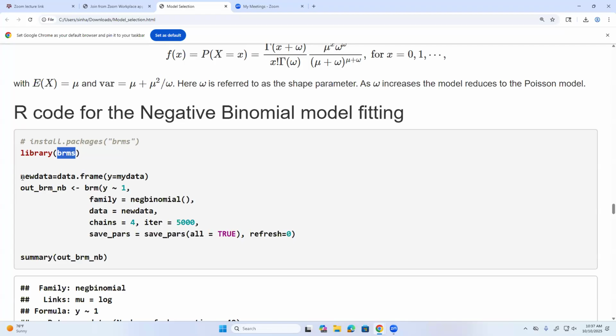So to run the code, what I do, so this is the data set. This is the BRM function. And the BRM function was written to handle the regression setup. Here, our response variable y, which is my data set, is regressed on an intercept. So mu, essentially, is written as follows.